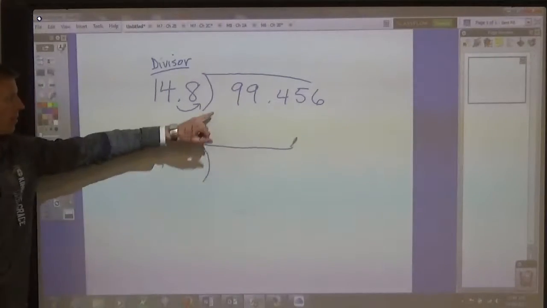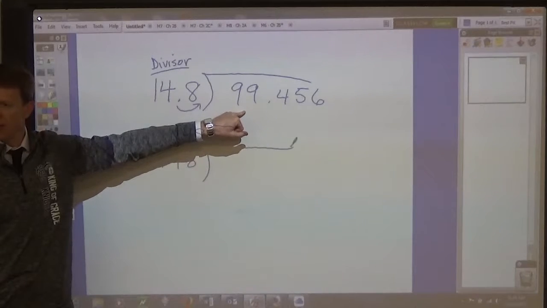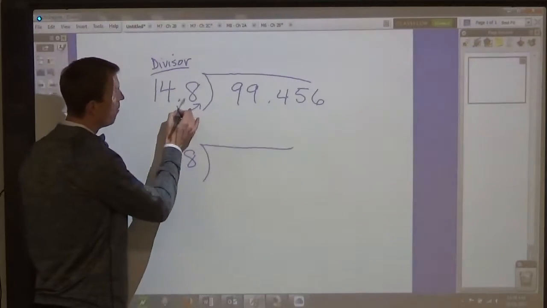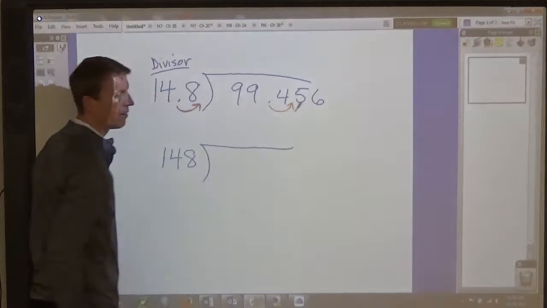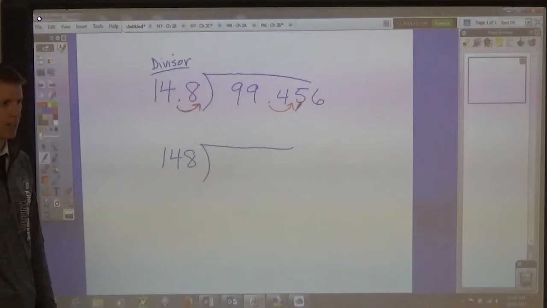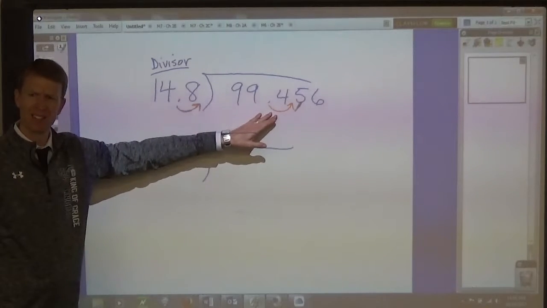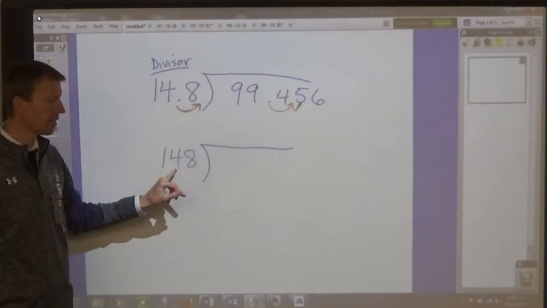Now, do we keep this number the same, or do we have to change this number? Daphne? Change it, yep. If we moved it one place on the divisor, then we have to move it over one place in the dividend. Okay? Is this complicated? Not really. You're just moving it over one place to make this a whole number.